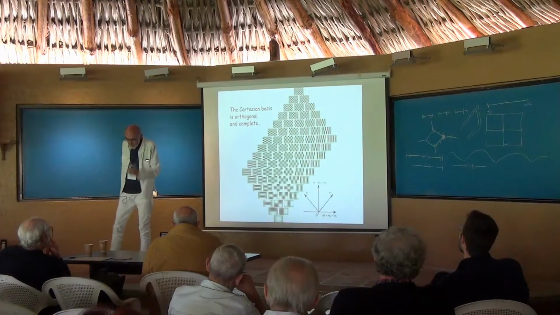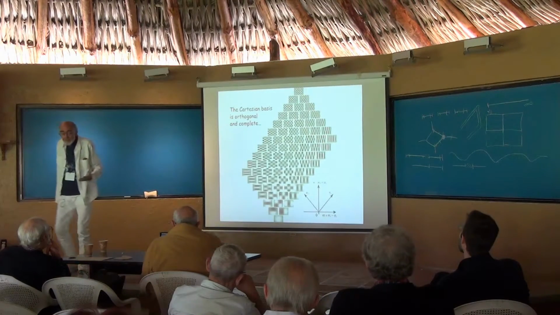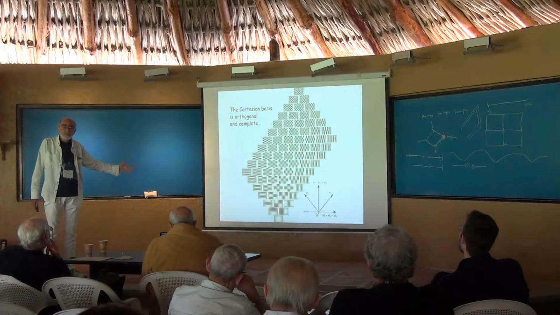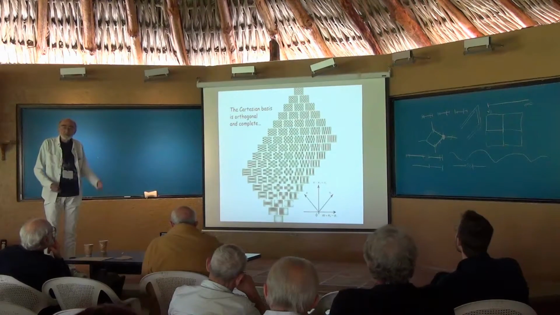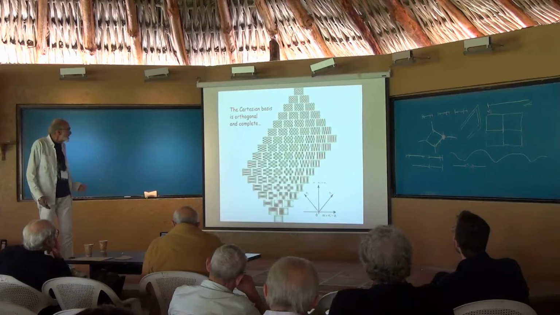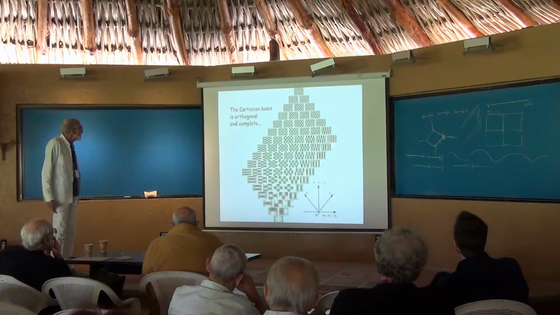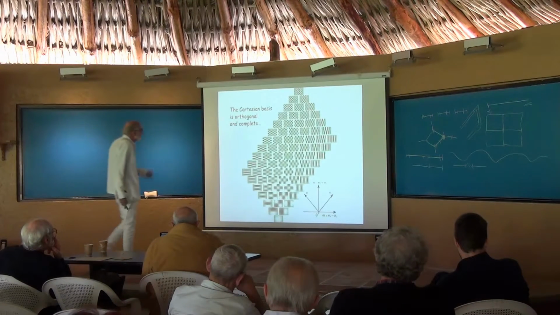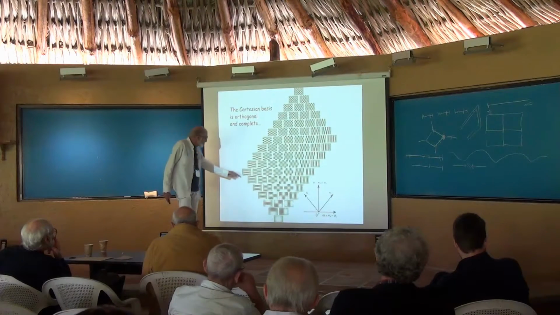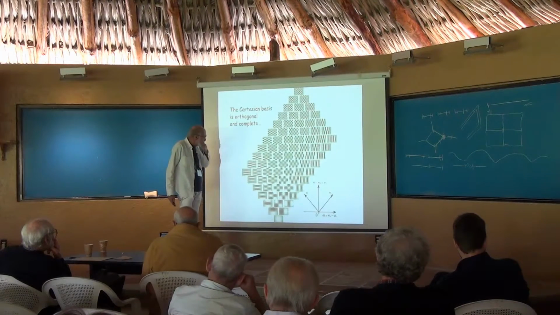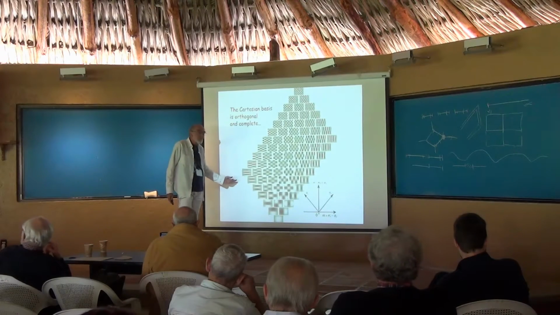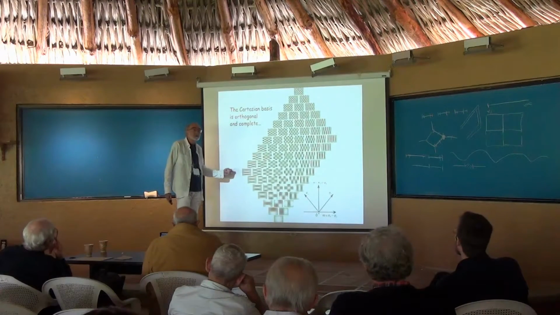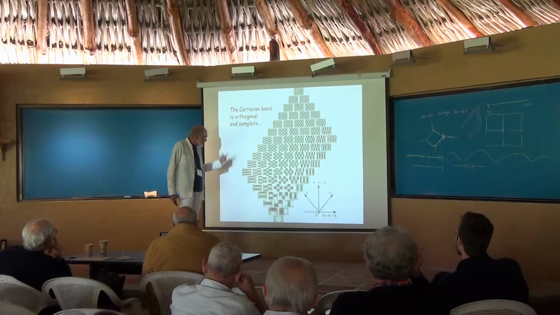You can also do entangled states, because after all, this is a finite thing that you can put into a quantum picture immediately. So, in the Cartesian basis, here you have, well, there's 77 here, which corresponds to angular momentum 3 and 5.